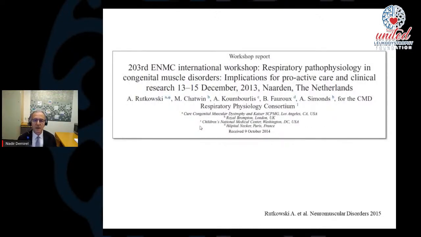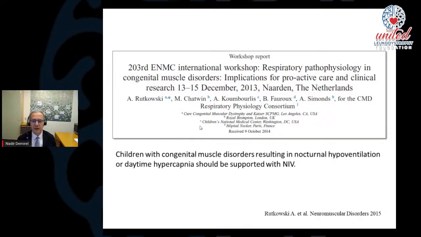There's an international workshop statement, published 5 or 6 years ago now, that summarized that children with congenital muscle disorders resulting in nocturnal hypoventilation, meaning low oxygen or high carbon dioxide, or high carbon dioxide during the day, should be on non-invasive ventilation.